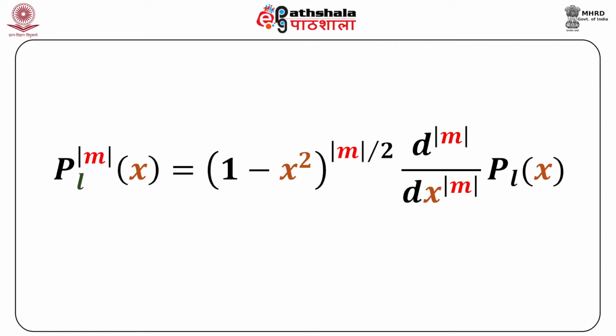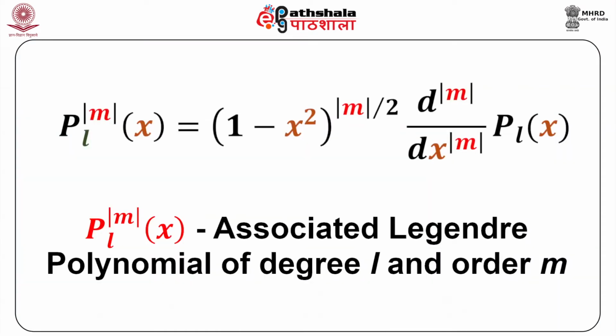This is the solution of Legendre's equation. P_L^|m|(x) is called the associated Legendre polynomial of degree L and order m.